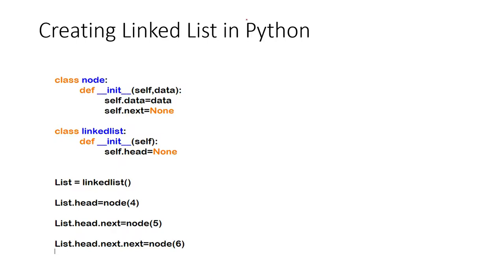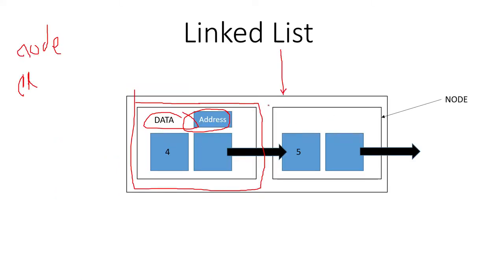Here is a basic code through which we can create a linked list in Python, and let me just walk you through this. Class Node. Okay, so this is our first object. You can see previously this class node represents this.